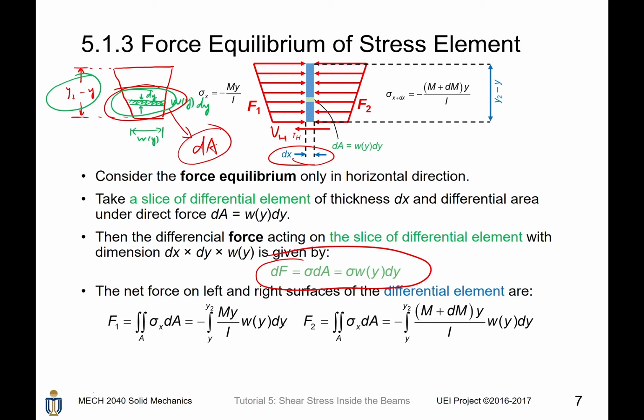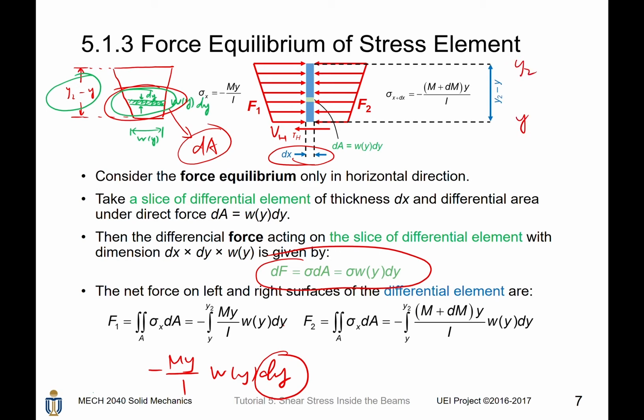On the left hand side, sigma x equals minus My divided by I, and we know that dA equals w(y) dy. Further, since we are integrating with respect to dy, we are interested in the range of y, and it is clear that the range of y is from y to y2.